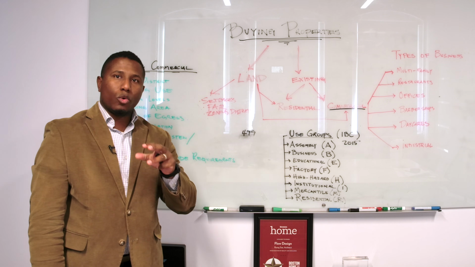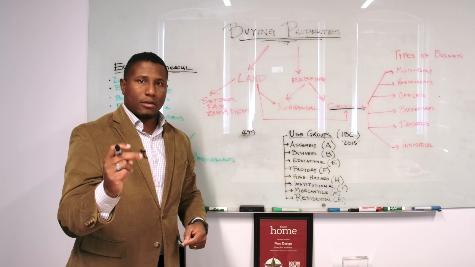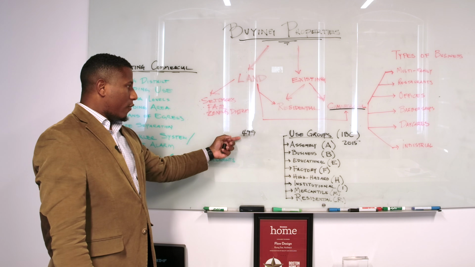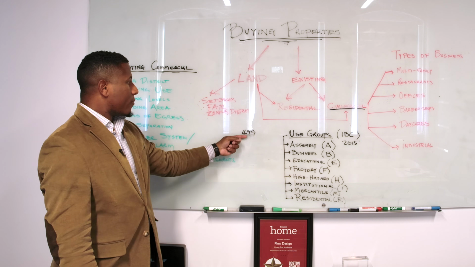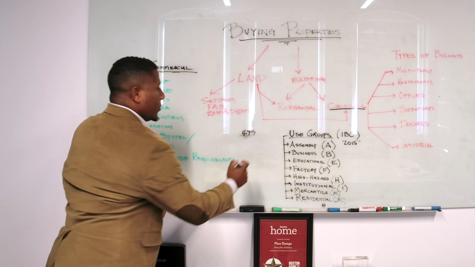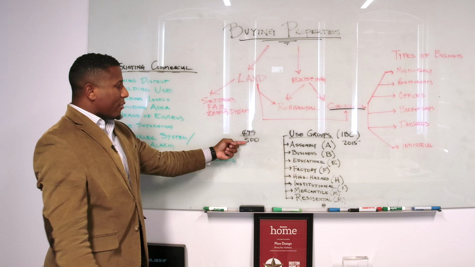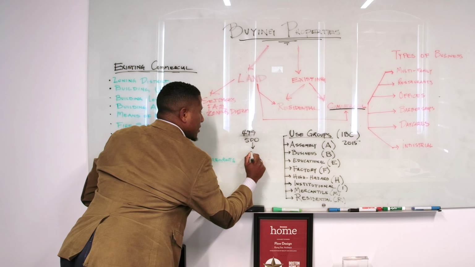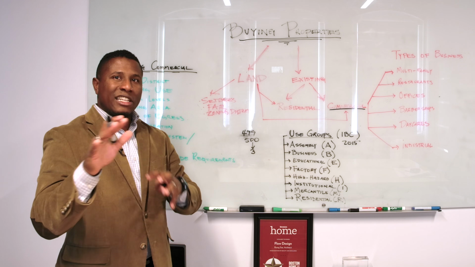The building code says that you are only required to have two exits to the exterior of the building for that amount of people. But the moment that you get to 500, now that requirement goes to three exits. So very important that you understand that.